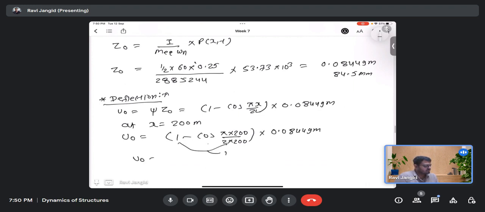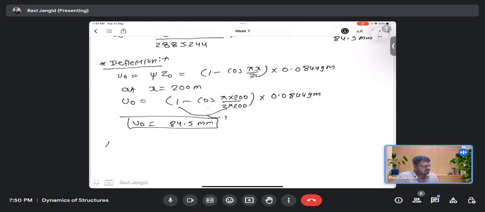So my u naught would be 84.5 mm deflected at the top.